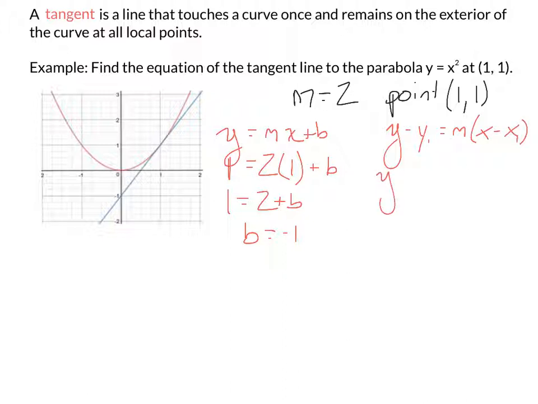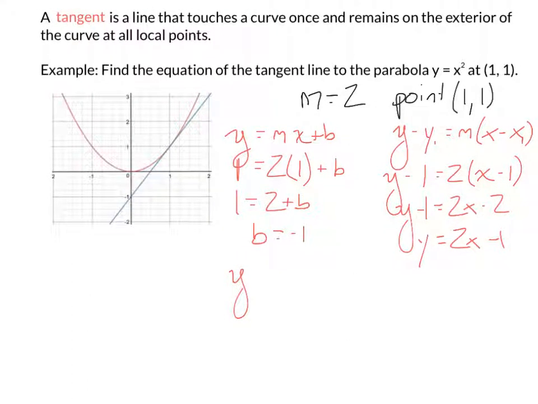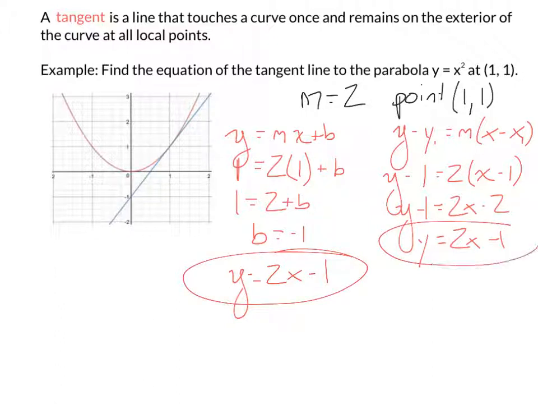And so y minus 1 equals 2 times x minus 1. And y minus 1 equals 2x minus 2. And y equals 2x minus 1. We had a slope of 2 and a y-intercept of negative 1. So either way, that is the equation for our tangent line.